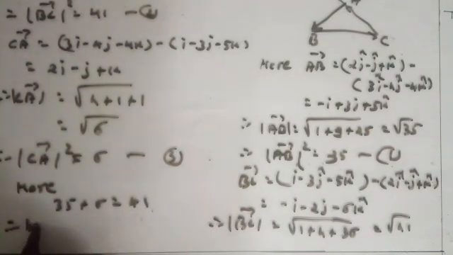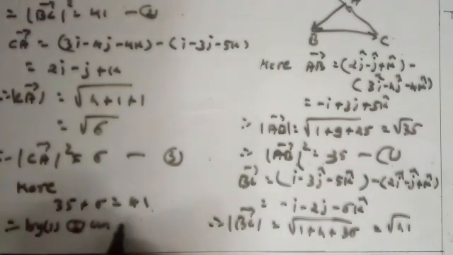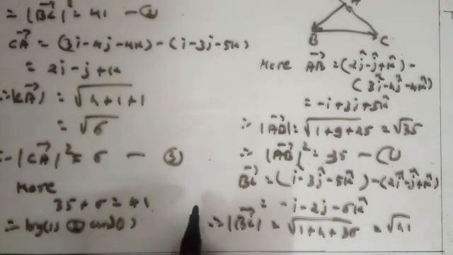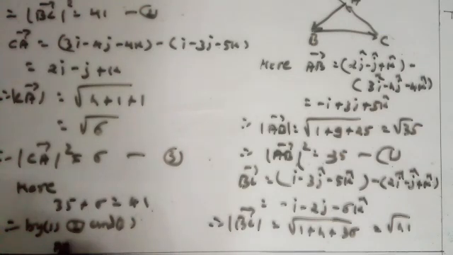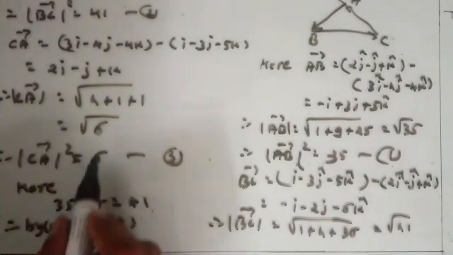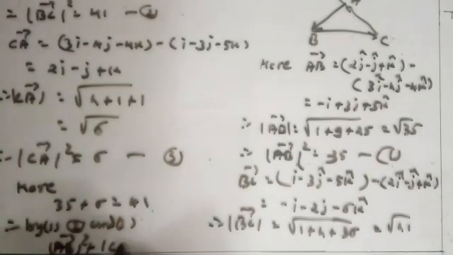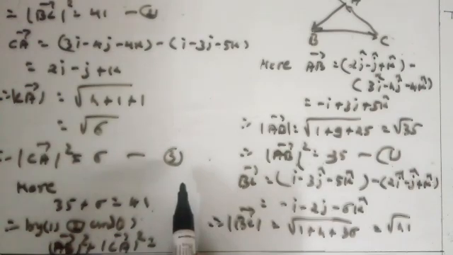Therefore, by results 1, 2 and 3, 35, that is AB square, plus 6, that is CA square, is equal to 41, that is BC square.